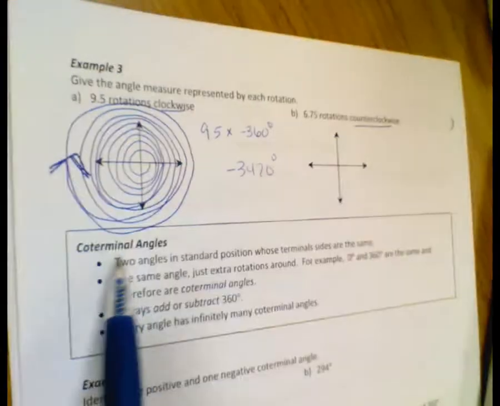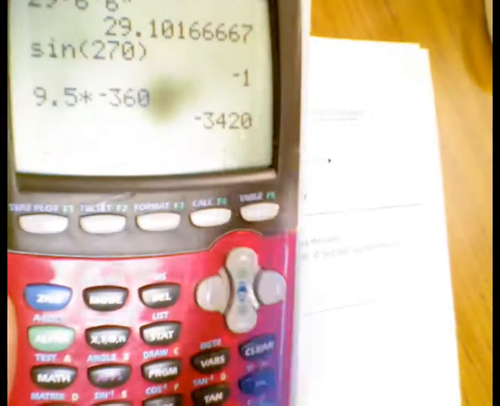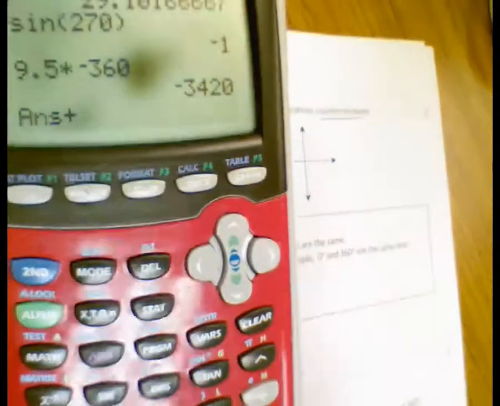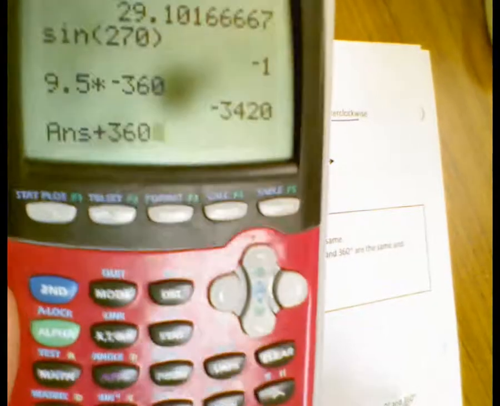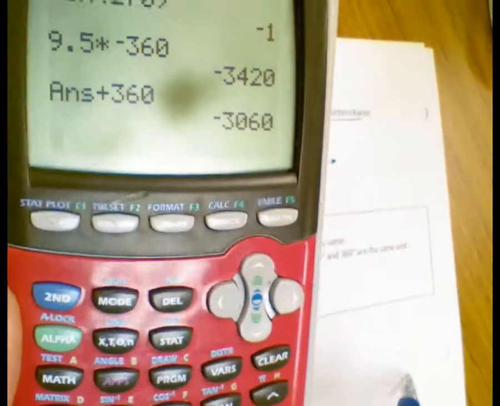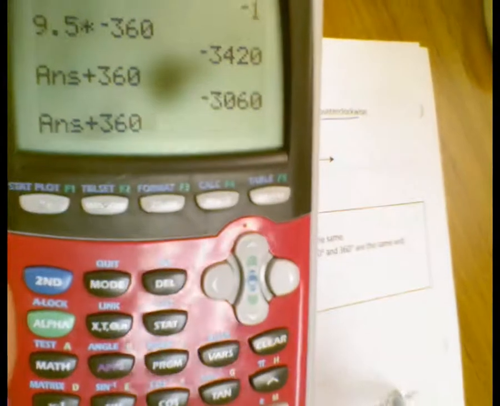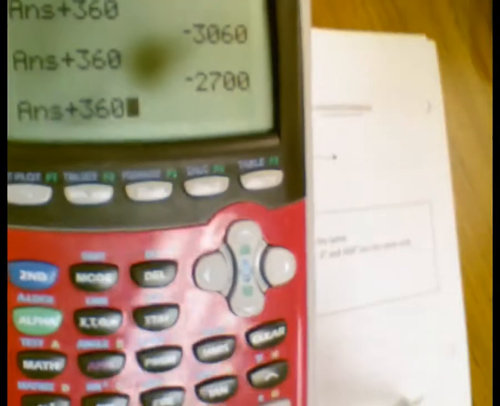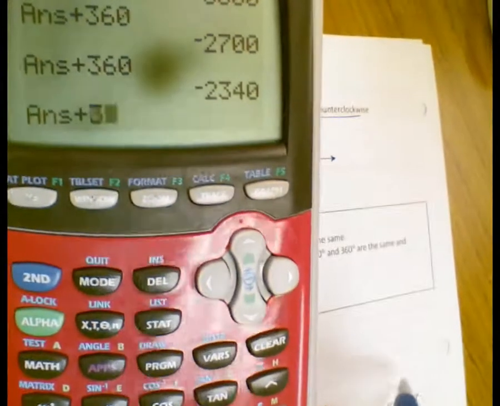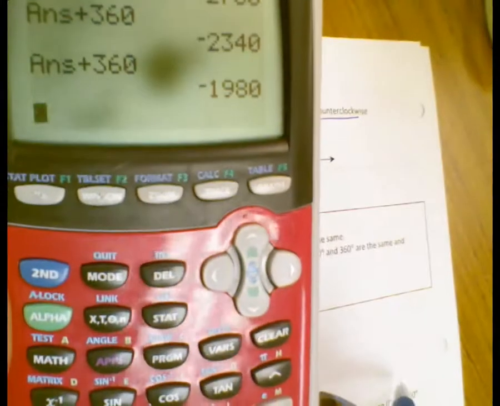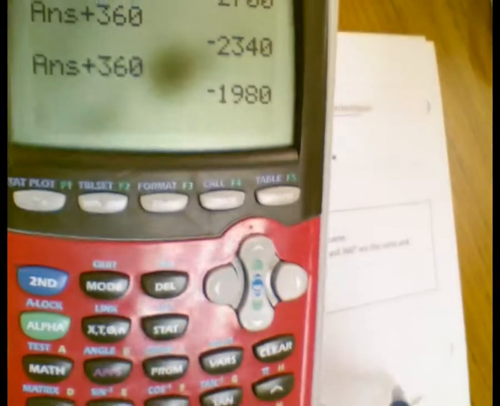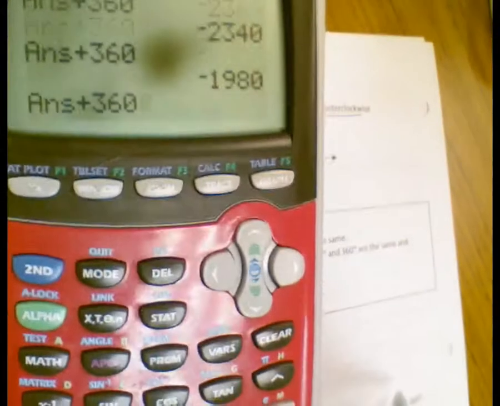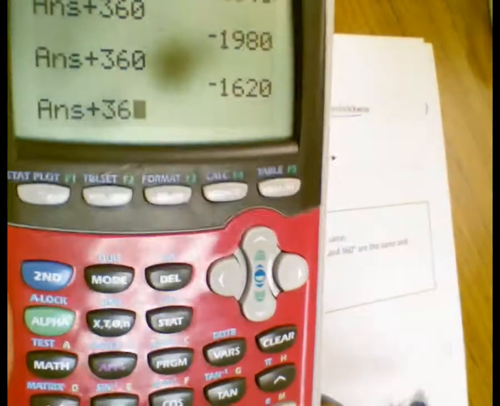using coterminal angles. Actually, let's just do it right now, since this is already on our calculator. If I added 360, it's a little bit easier. If I keep adding 360, I could do this probably 10 times because we just went 9.5 times, right? You just keep adding 360 to get an angle that's more manageable, so you know where it lands.